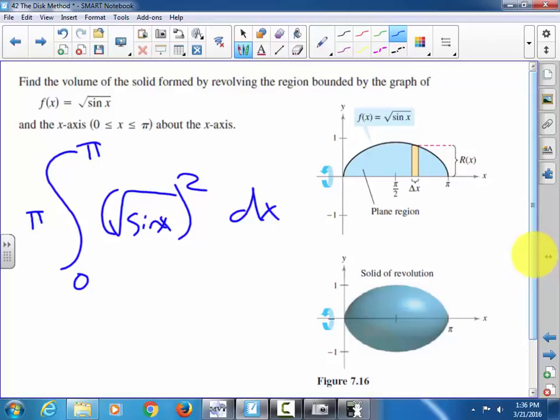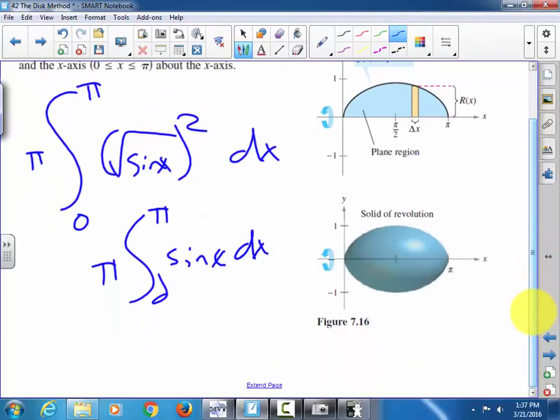The integral of square root of sine of x. Well, the square root squared just gives you sine x. So you're going to be integrating from 0 to pi, times pi, of the sine of x dx. What's the integral of sine? So we've got negative cosine evaluated at 0 and pi.